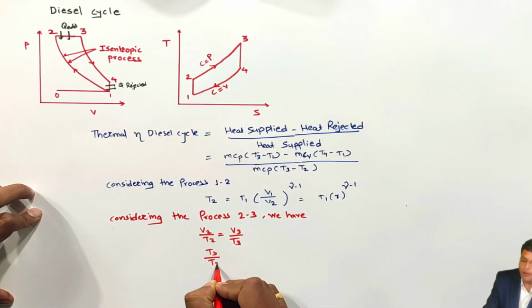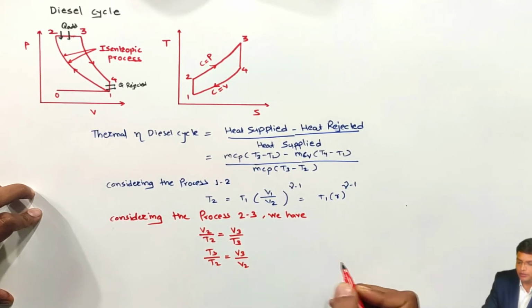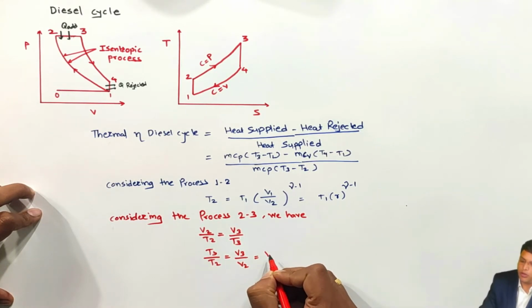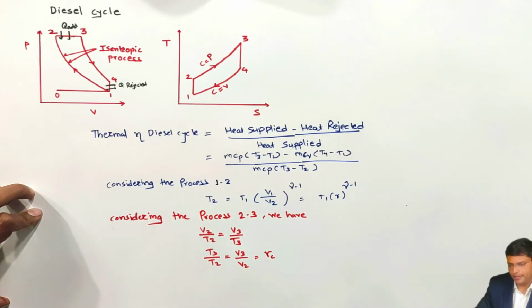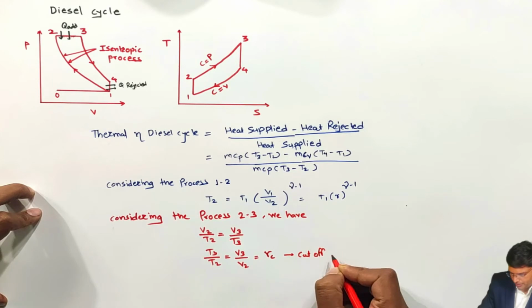So T3 upon T2 is equal to V3 upon V2. It is also called the cutoff ratio, which is denoted by rc.